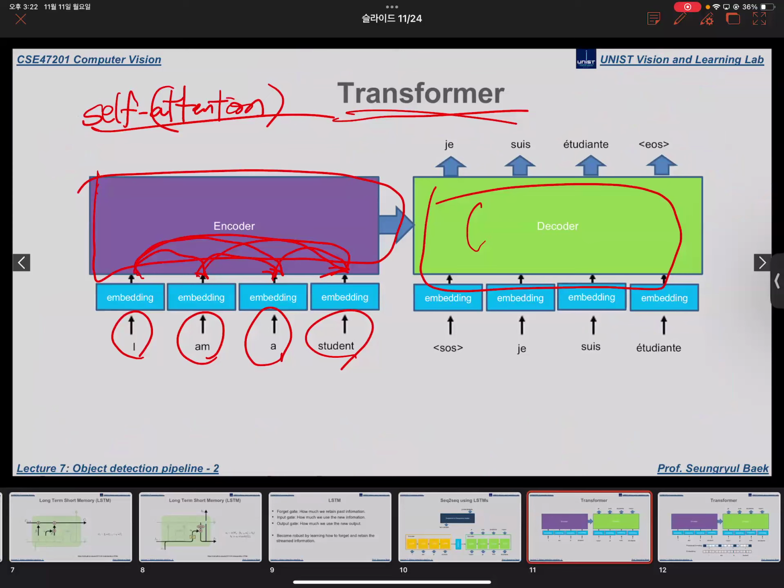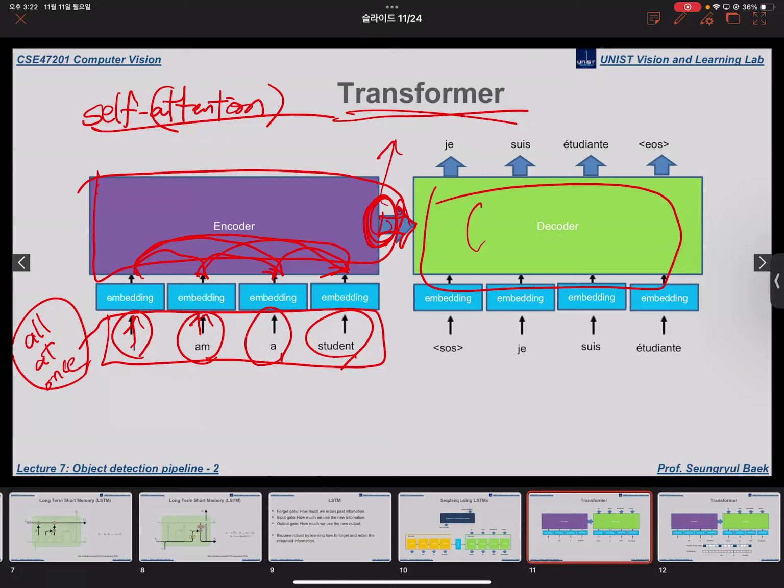But in the transformer, they input all the words composing the sentence sequence all at once. Okay? We input this simultaneously. We do something to calculate the feature vector here.